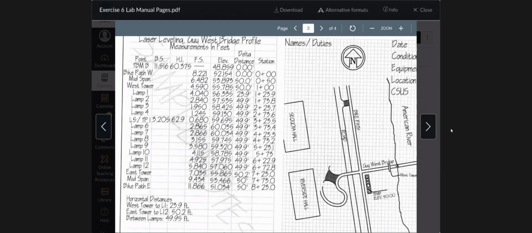Students really like this lab. It's fun because you realize that it's so much quicker using an instrument like this than setting up a level and trying to take a reading through a magnified scope. It's very fast because the instrument basically sets itself up.